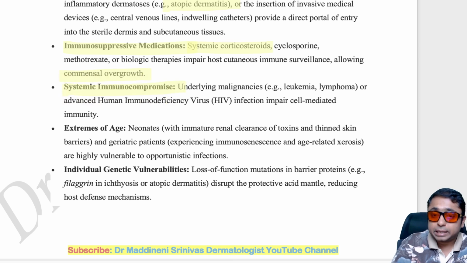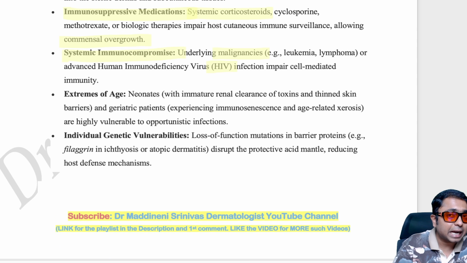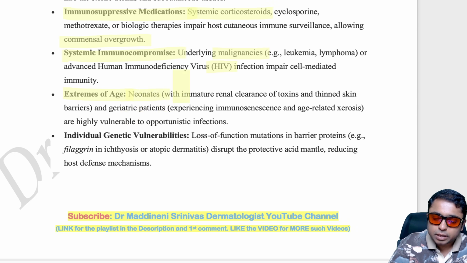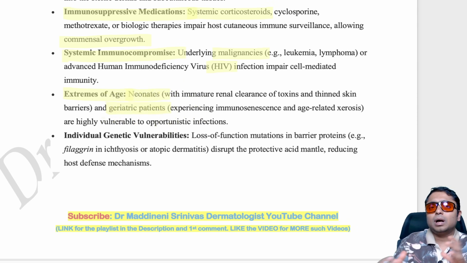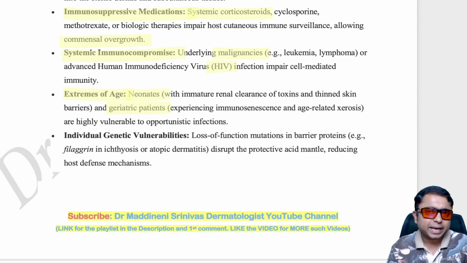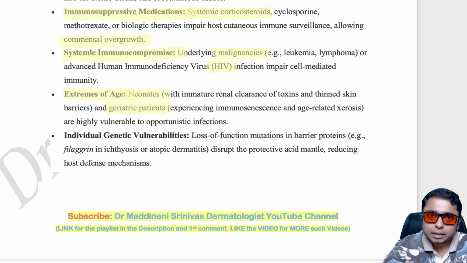Systemic immunocompromise because of the underlying malignancies or due to HIV. That is the reason HIV patients are going to have very high chances of all the possible infections. It could be bacterial, viral, fungal, and also it will be very aggressive and very difficult to treat. Extremes of age, that is neonates and also geriatric patients, because of the immune immaturity and also the barrier which is not fully functional, there are going to be diseases because of the commensals.